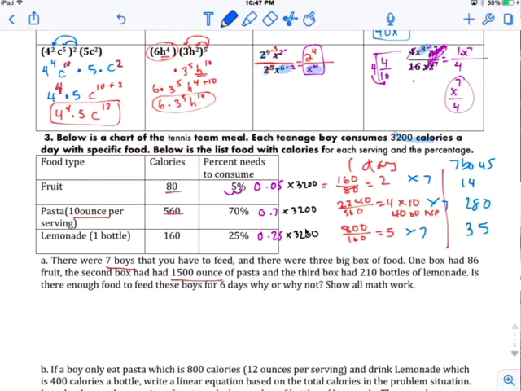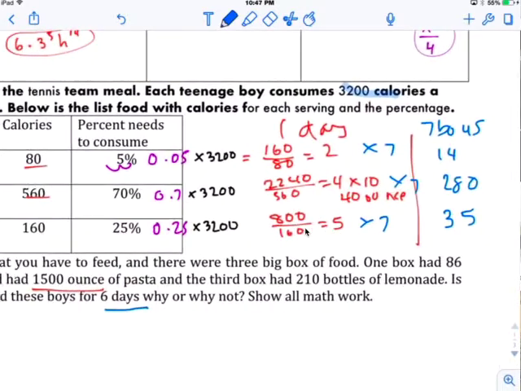Is there enough food to feed the boys for 6 days? Why or why not? Okay, so 6 days, times this by 6 for 6 days. I'm running out of room, guys. So 14 times 6, 84. 280 times 6, where's my calculator?